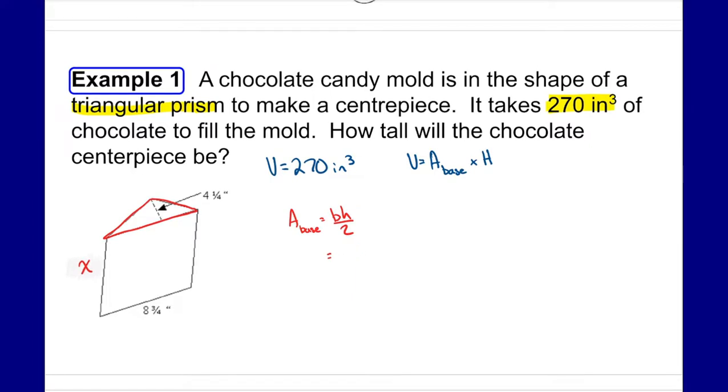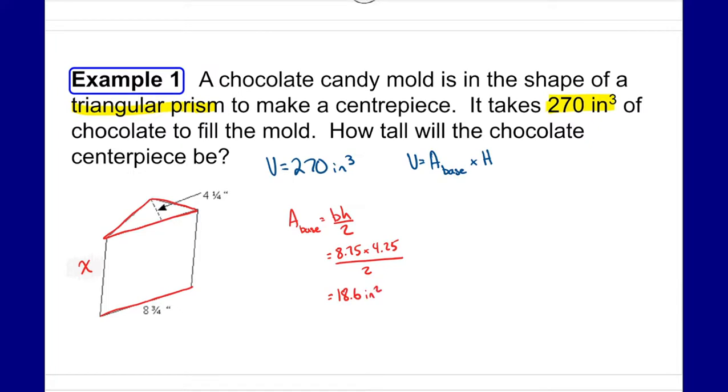We'll start with the base down here. 8 3/4 of an inch, or 8.75, multiplied by the height of my triangle or my base, which is 4 1/4 or 4.25, and then I divide by 2. You should find that we have an area of 18.6 inches squared.